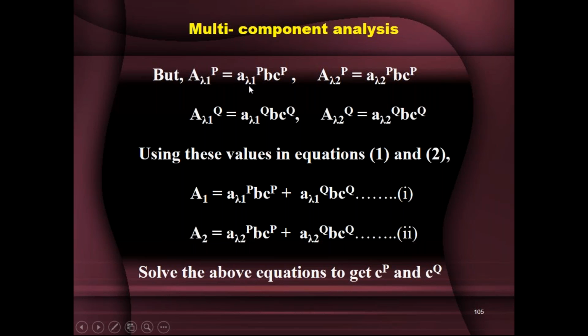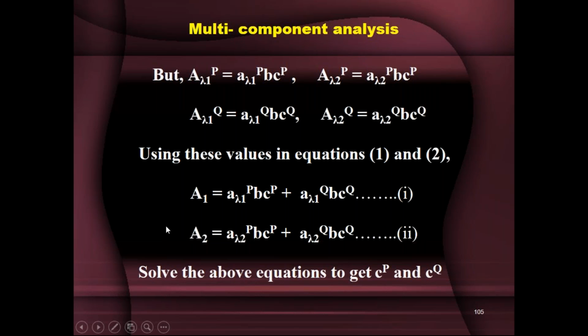So absorptivity of P at lambda 1, B, C of P. Similarly, A lambda 1 Q will be absorptivity of Q at lambda 1, B, C of Q. And same for A lambda 2 P and A lambda 2 Q. So you now get the expanded forms. So A1 equals the summation of these two. A2 equals summation of these two.